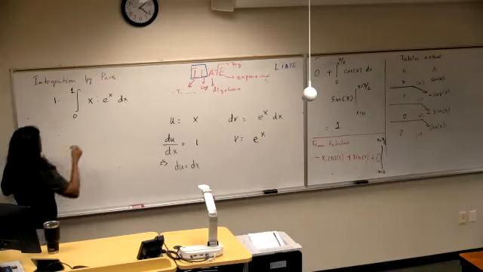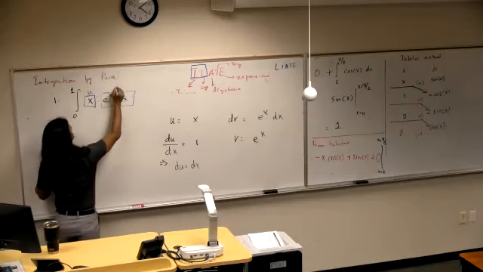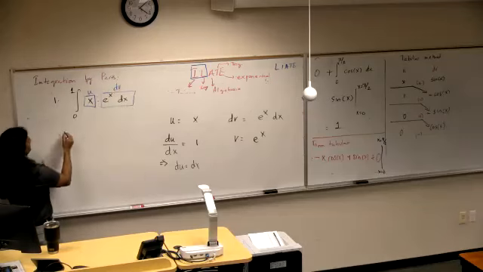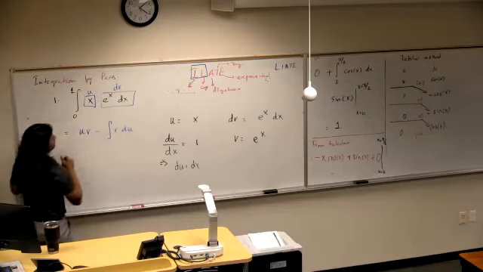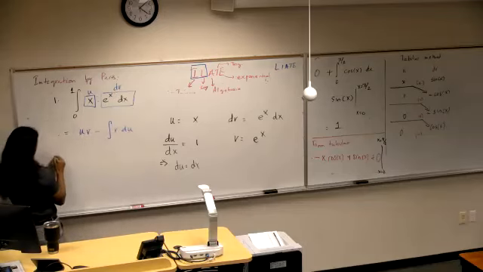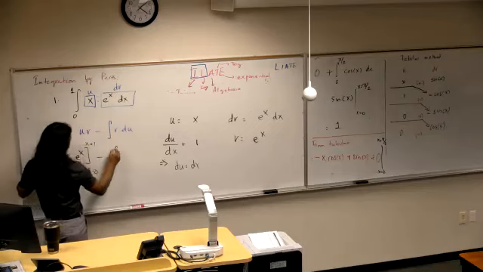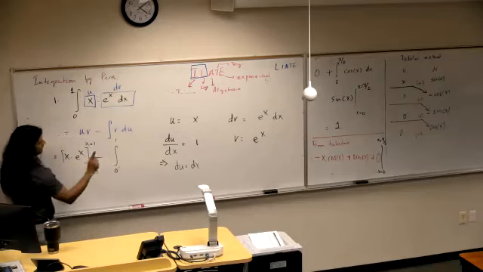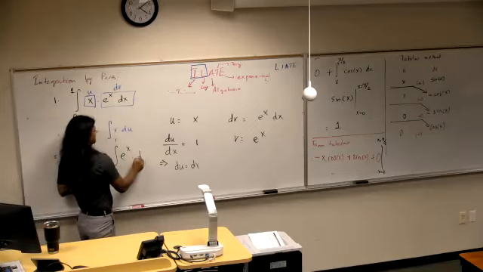Formula: uv minus integral v du. u times v is x times e raised x, evaluating the limits between 0 and 1, minus integral 0 to 1 v du, e raised x times dx.